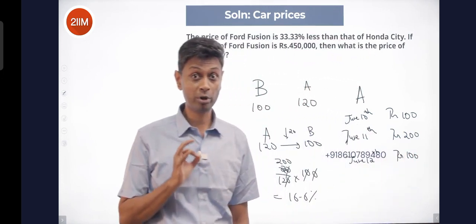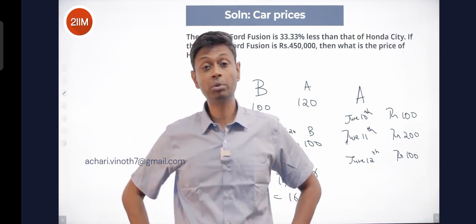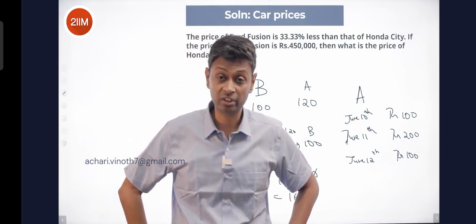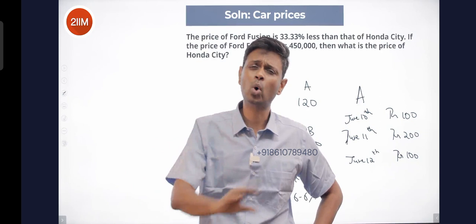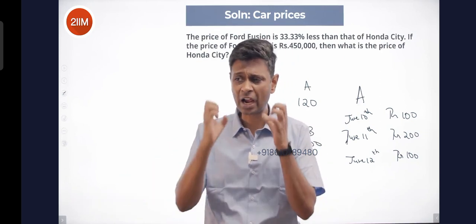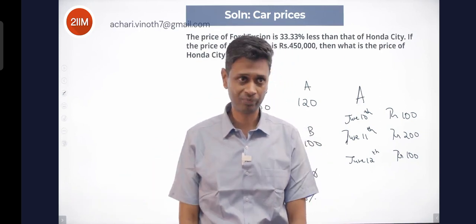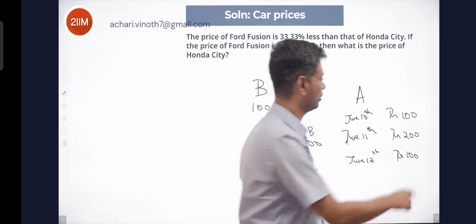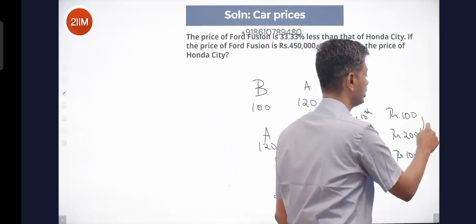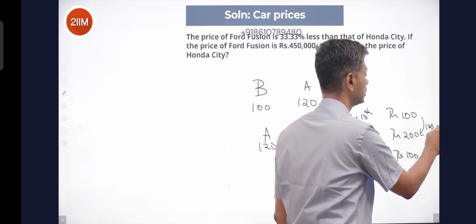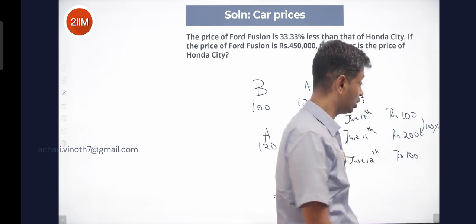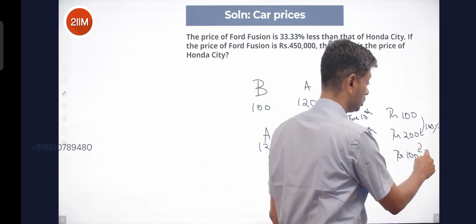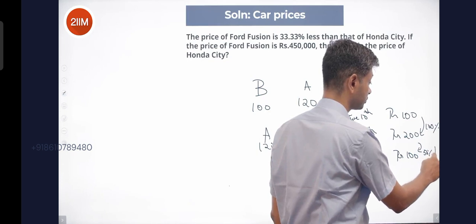Super important to know this, because all of you are going to be peddled numbers and statistics and returns and shares and data throughout your life, and having an iron hold on percentage is super important. 100 to 200 is a 100% increase. 200 to 100 is a 50% decrease.